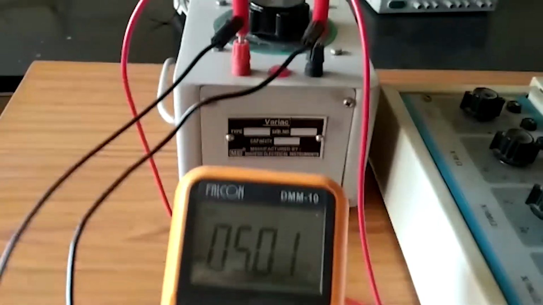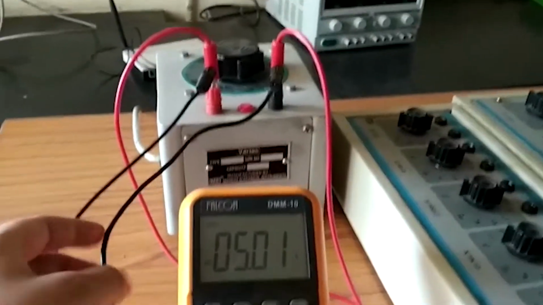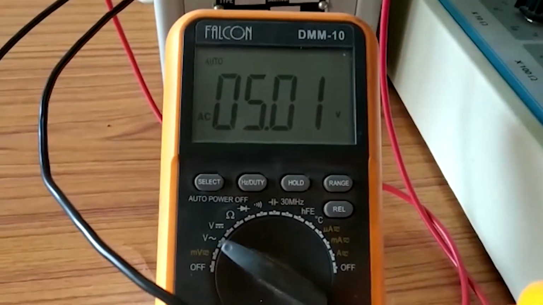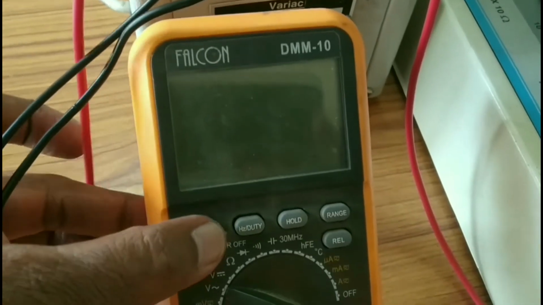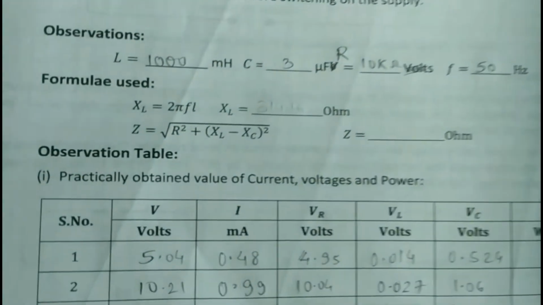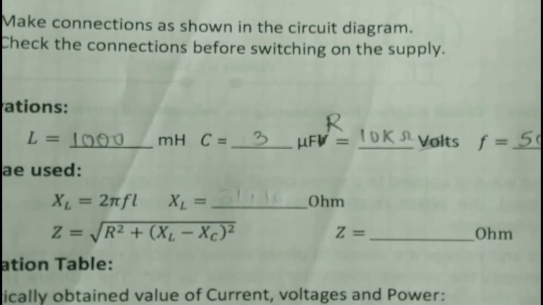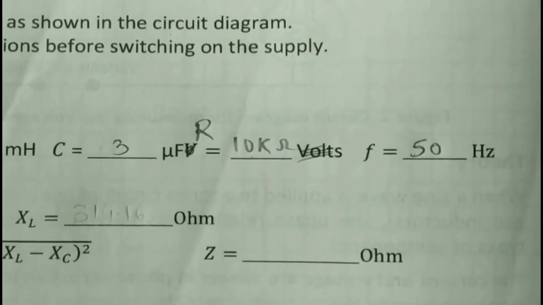The multimeter connected across the variac is reading 5.01 volt RMS value. The loads connected have values: L 1000 millihenry, capacitance 3 microfarad, resistance 10 kilo ohm, frequency 50 Hz.